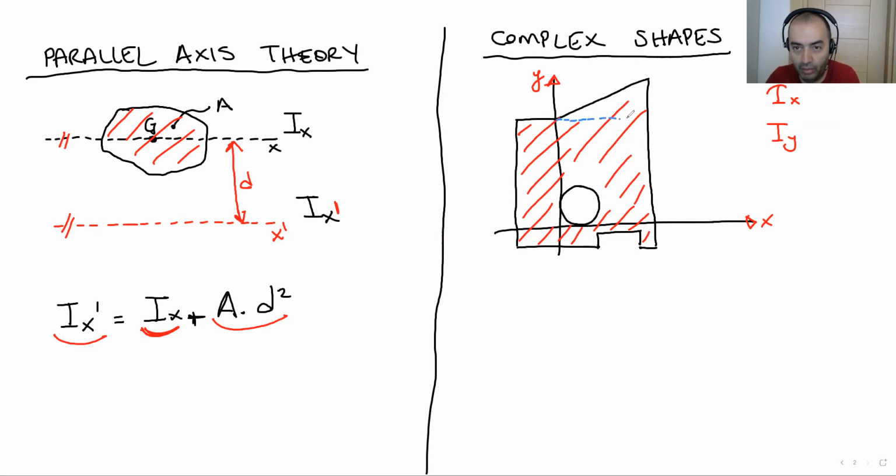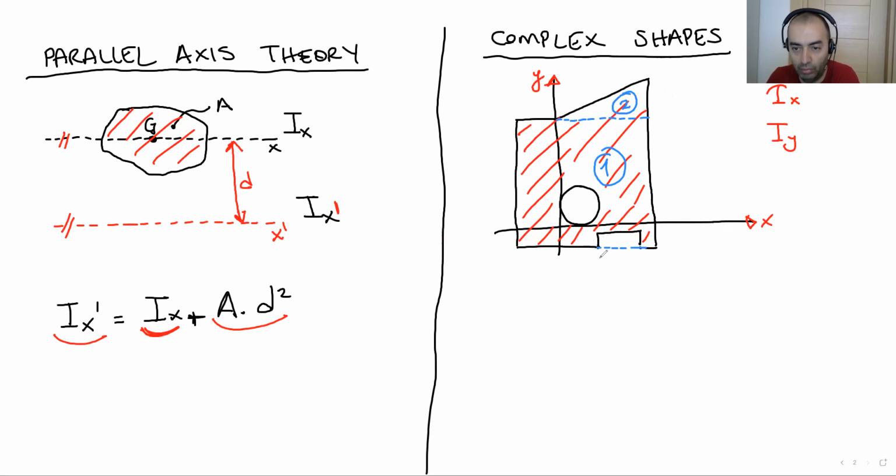For example, I have a triangle here. If I connect this part to each other, totally I have a rectangle here, which is one. Here I have a triangle, two.